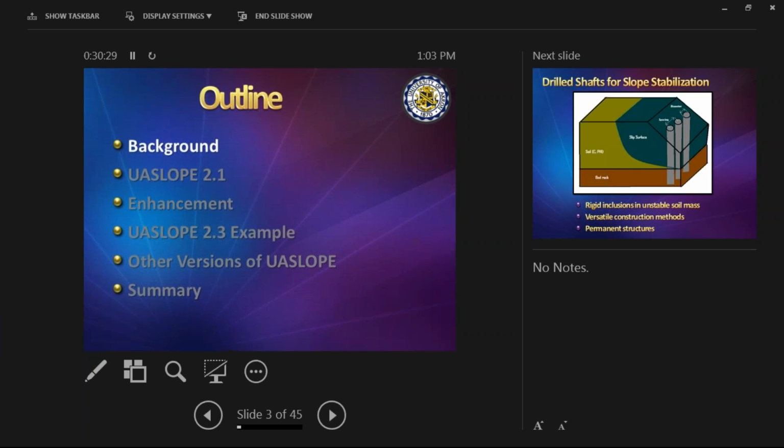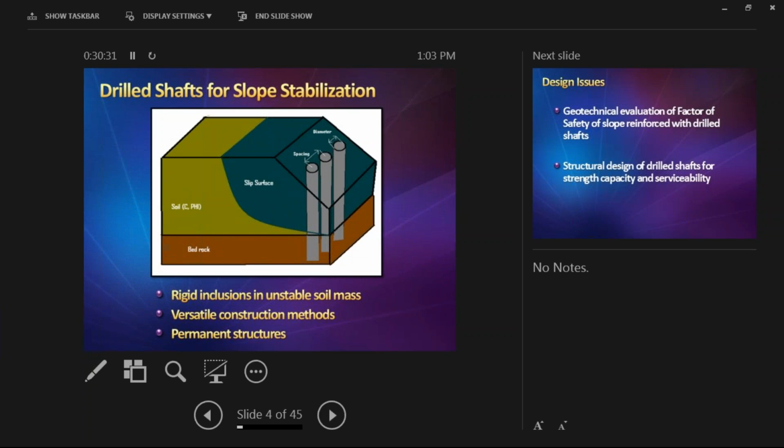So to begin with, let's look at the issues related to the design of drill shaft for the purpose of stabilizing unstable slope. The idea is that the drill shaft provides relatively steep inclusion in otherwise unstable soil mass.